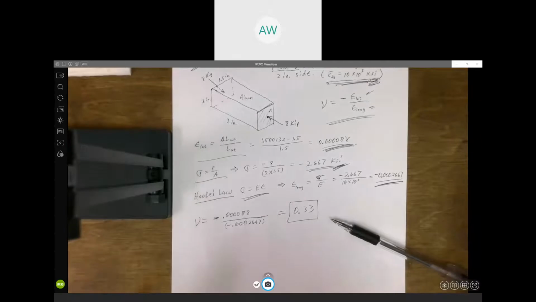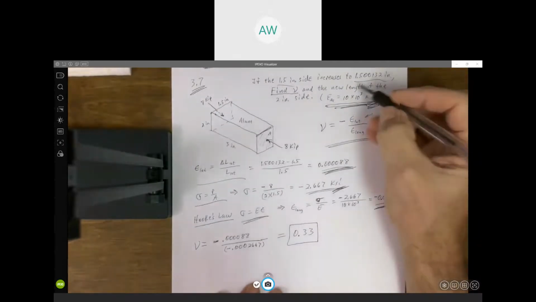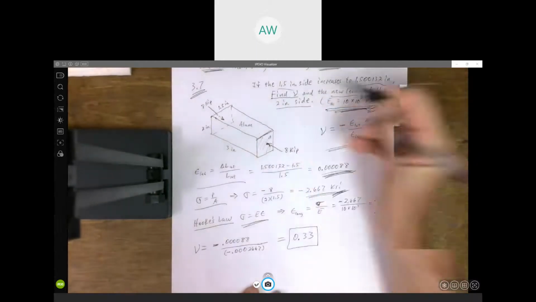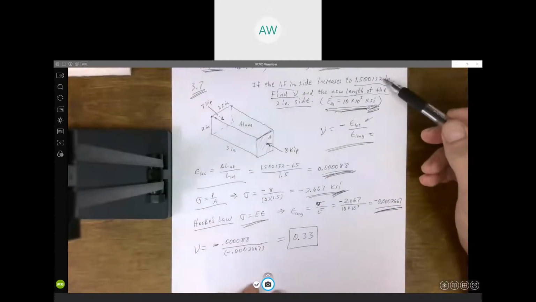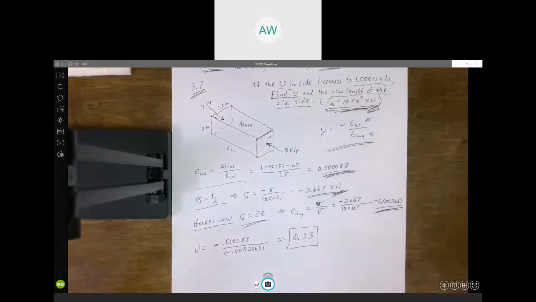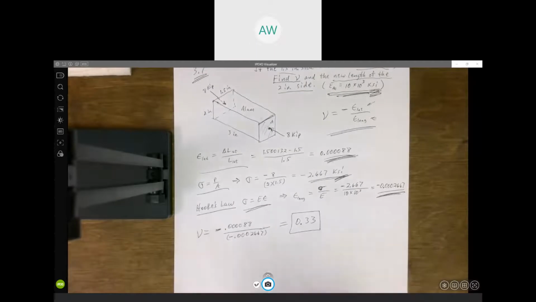All right, so we've got another part of this problem we're trying to answer, and that's what's the new length of the 2-inch side. Right, we were given what the new length of the 1.5-inch side was. Well, the 2-inch side is going to get bigger also, and that's what we're being asked to find. What's going to be the new length of the 2-inch side. Excuse me.